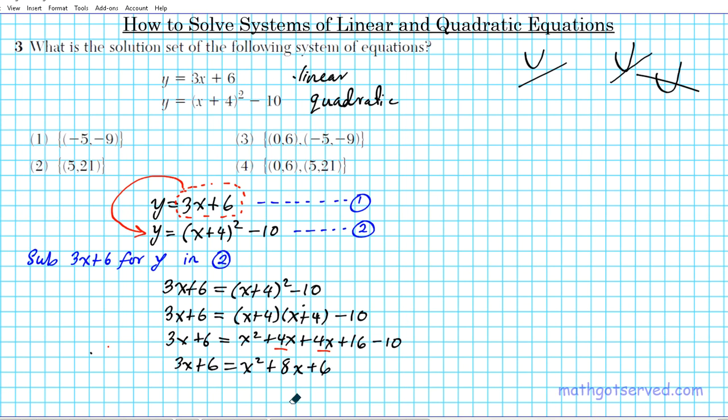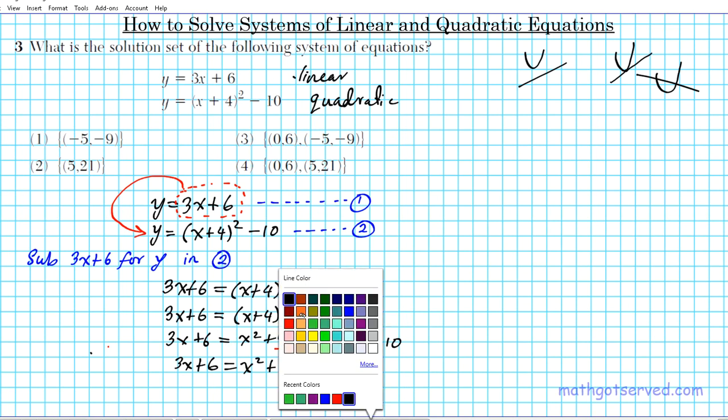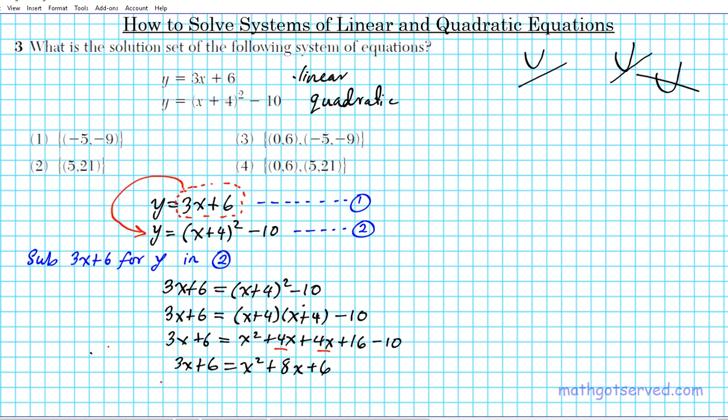So now what we're going to do to solve this quadratic is put it in standard form. Set it equal to 0 and use the zero product property. To do that, we'll simply subtract 3x and 6 from both sides of the equation so that it is equal to 0. Alright, so subtract 3x and subtract 6.